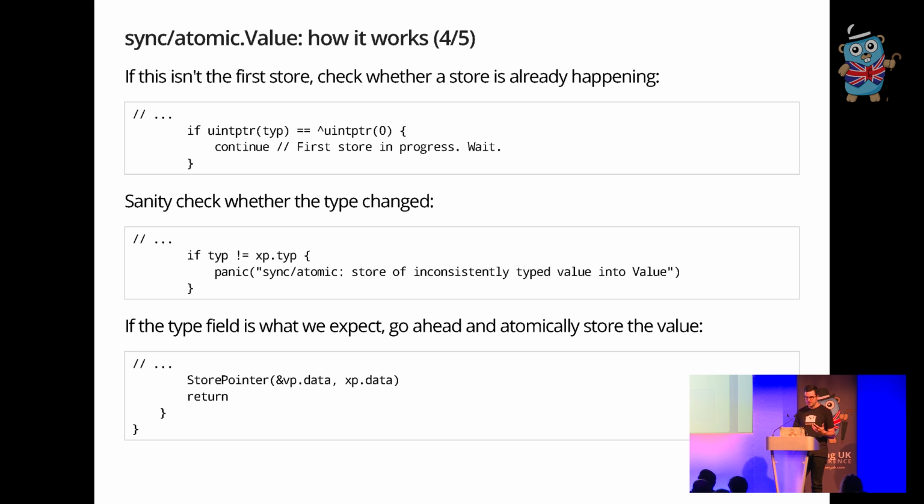And so we check whether the type is the type we're about to store, and if it's not, we explode. This is why you have to use the same type whenever you store. And if it is the same type, then we can go ahead and simply update the data field. I hope that wasn't totally lost on you guys.